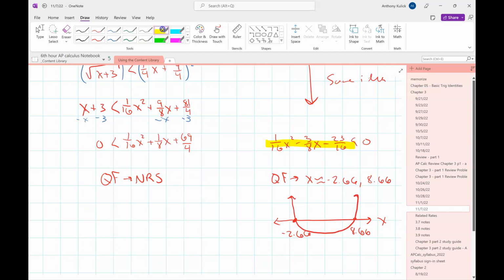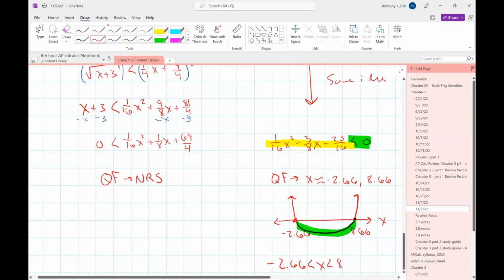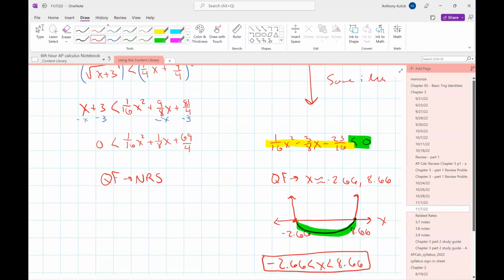Okay? We're interested in where that parabola is less than 0. Is that above the x-axis or below the x-axis? Below. So we're interested in this part, which is between those two x's. So inside that interval our linear approximation is within a half a unit of the actual answer.